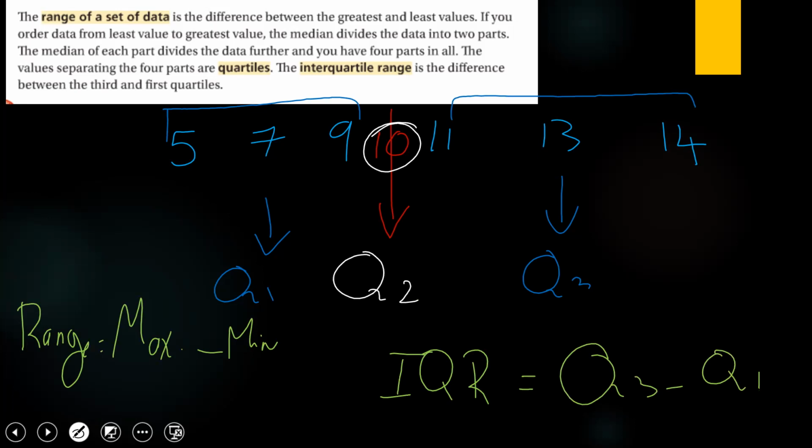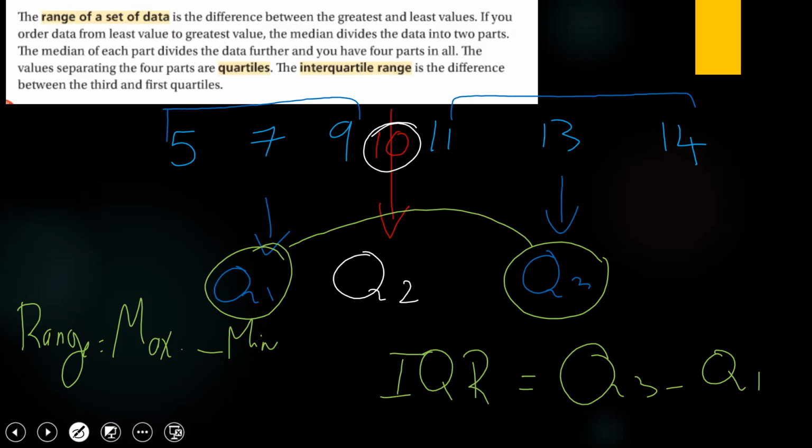So the difference between the third and the first quartile will be the IQR. Range, maximum minus minimum. The IQR is Q3 minus Q1. Is it clear?